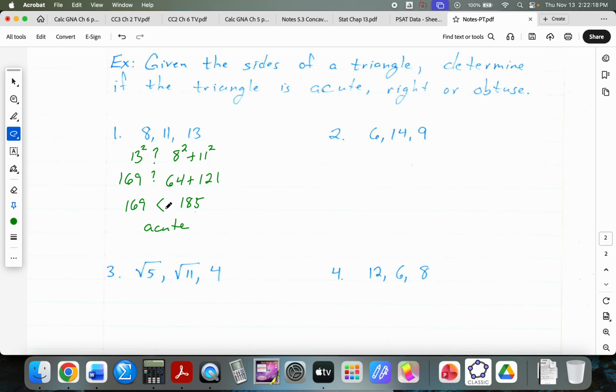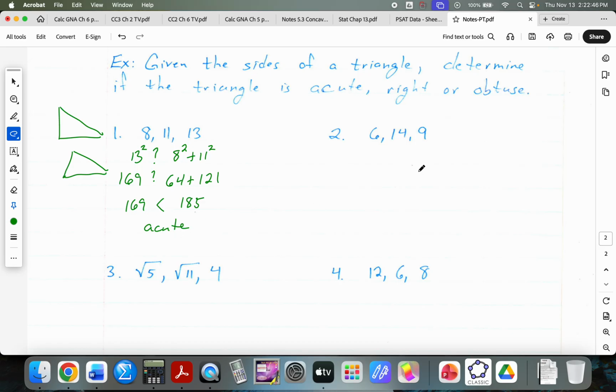But what we're saying is we have a triangle whose big side is too small for it to be a right triangle. So if you start off with a right triangle and you make this side smaller, the only way you can shrink that is if you pull this other side in some. So it's no longer a right triangle, it's now an acute triangle. So if the big side is too small, the triangle is acute.